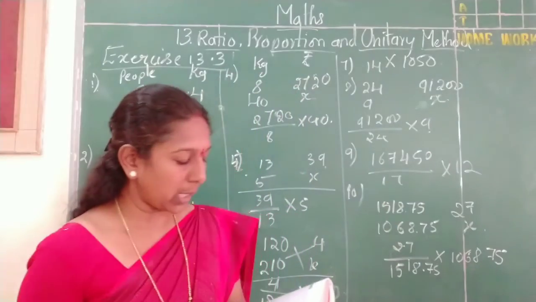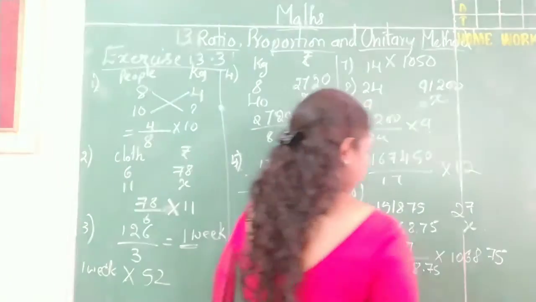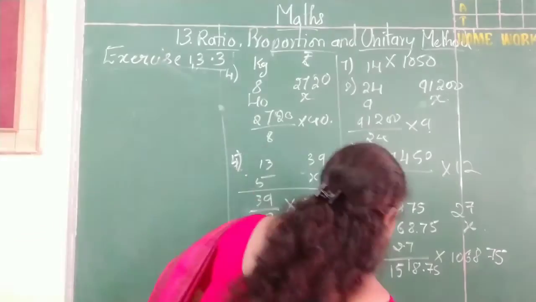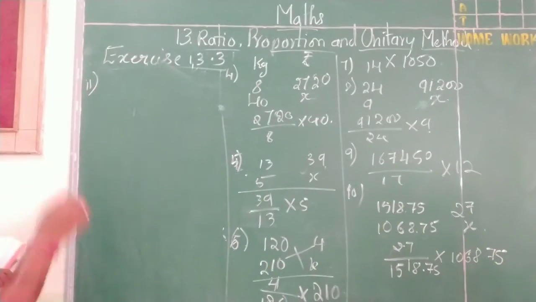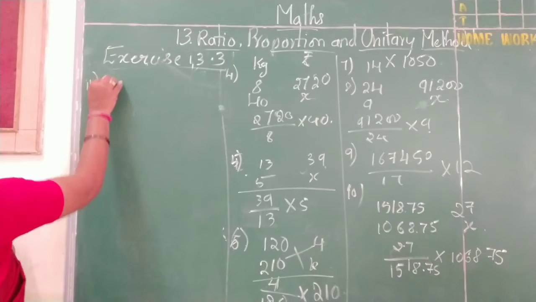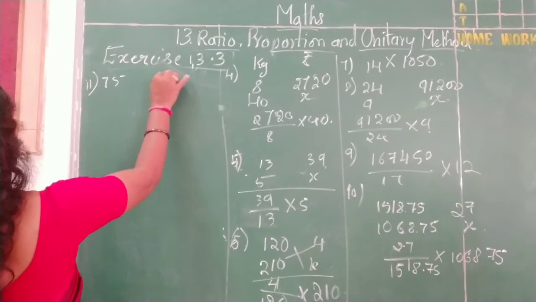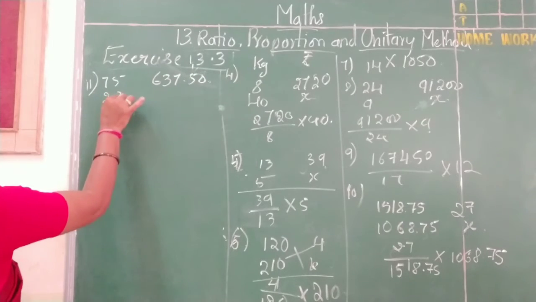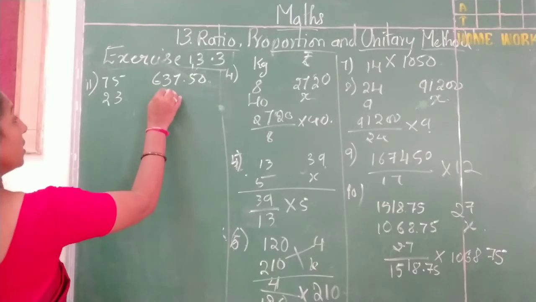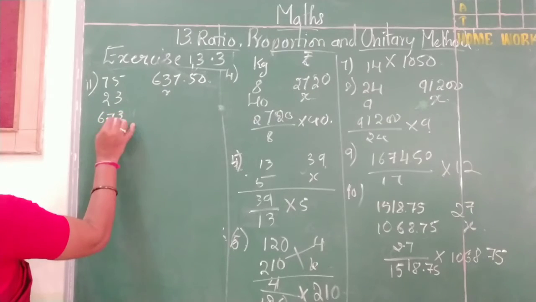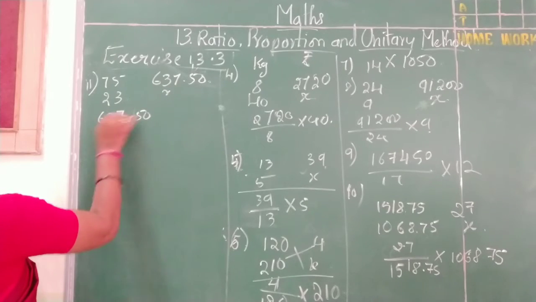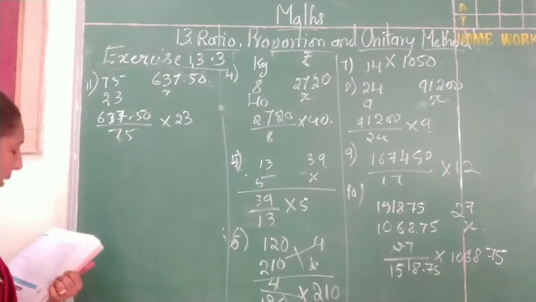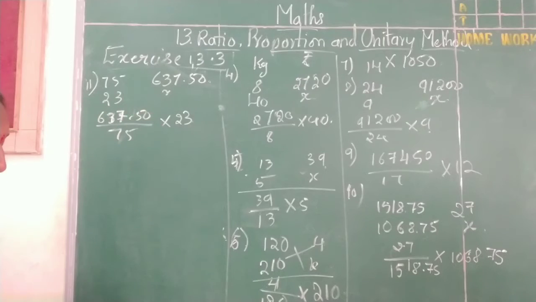So the cost of 75 envelopes is 637 rupees 50 paisa, and the cost of 23 envelopes we have to find. So 637.50 divided by 75 into 23. If you do, you will get the cost of the 23.